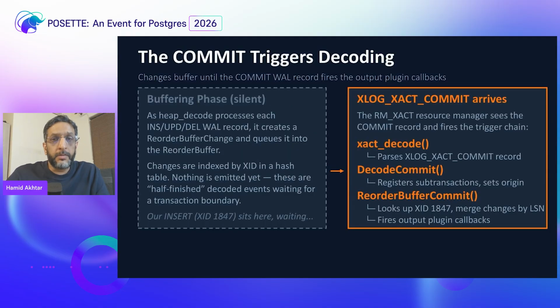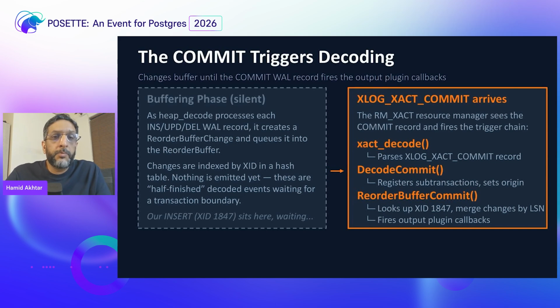Internally, it's collecting all those changes, and the moment more WAL arrives, it understands which transaction it belongs to and puts that change under that transaction as part of that structure.